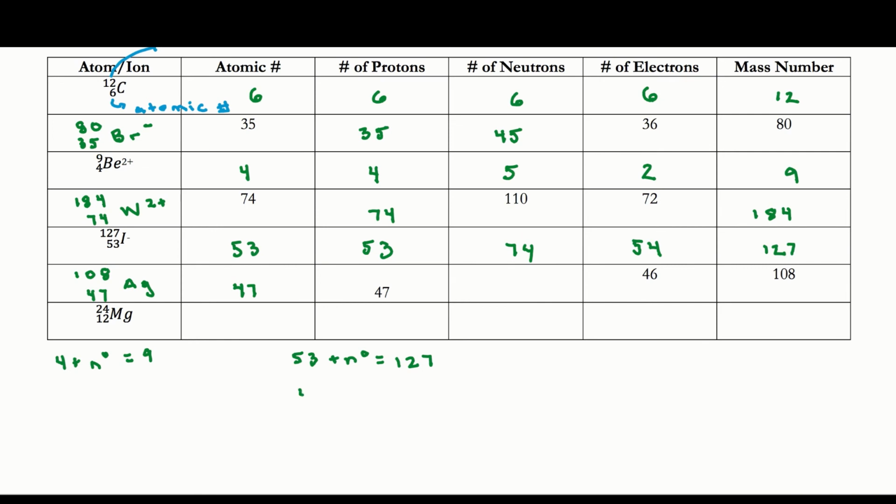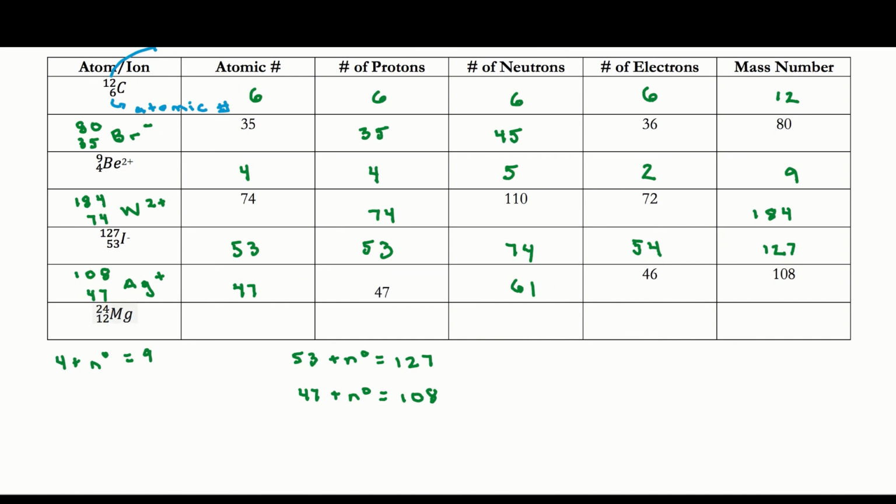So I have 47 protons. I don't know how many neutrons I have. That gives me 108. So what that tells me is I have 61 neutrons. And the last thing I need to look at is my number of electrons. Well, here I have 47 protons, but 46 electrons, which means I have one more proton than electron. So my charge is going to be 1 plus, or just a plus.